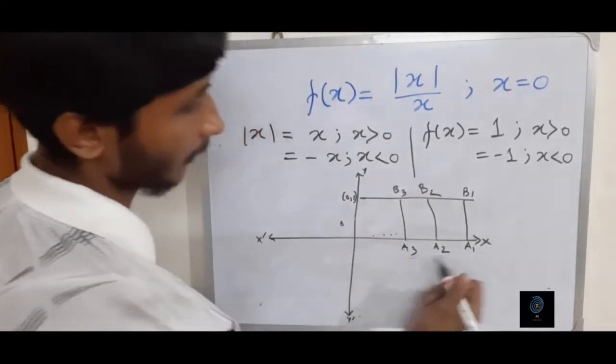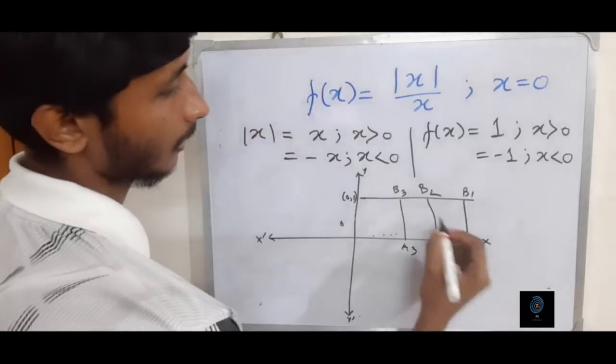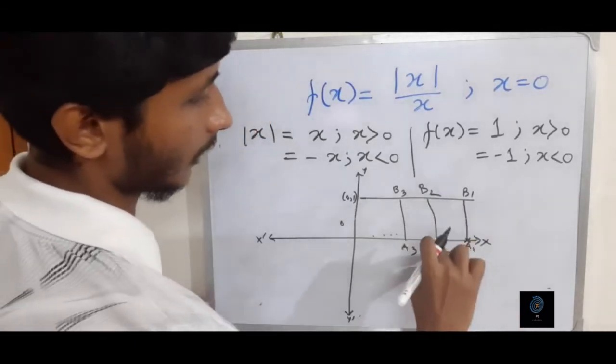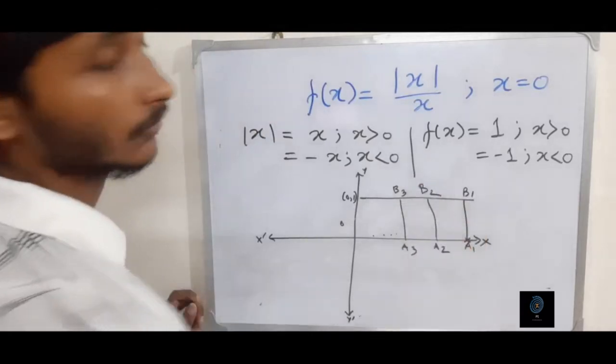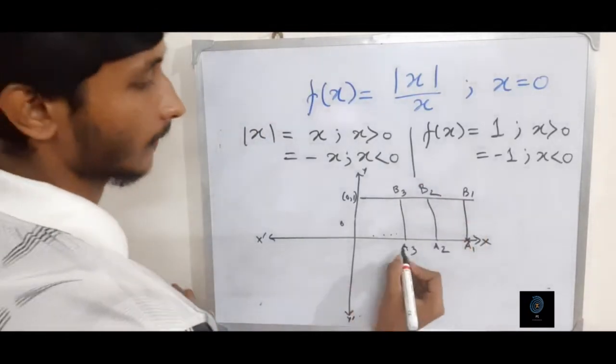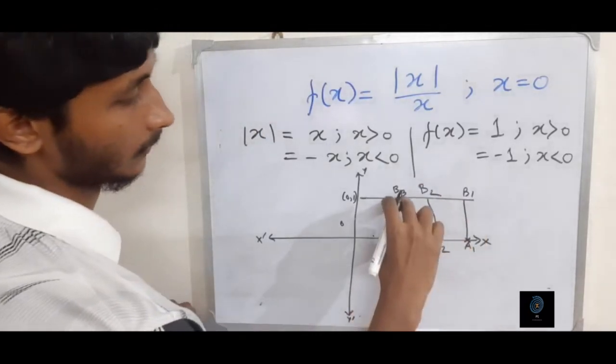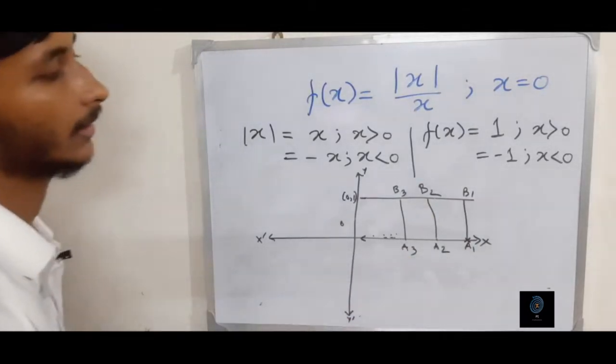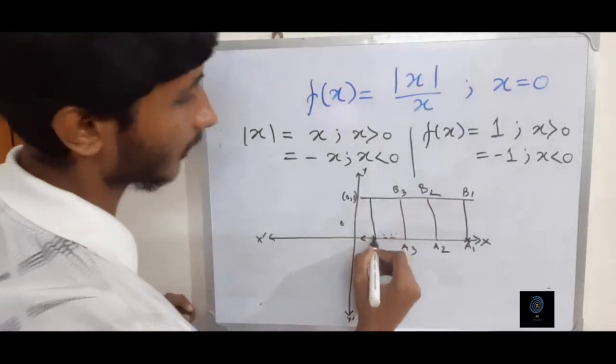So we can see when x is here, the value of f(x) is this height, that is a1 b1, which is 1. When x is at a2, the value of f(x) is then also 1. When x is at a3, the value of f(x) is 1. And as x approaches 0 from the right hand side, always the value of f(x) remains 1.